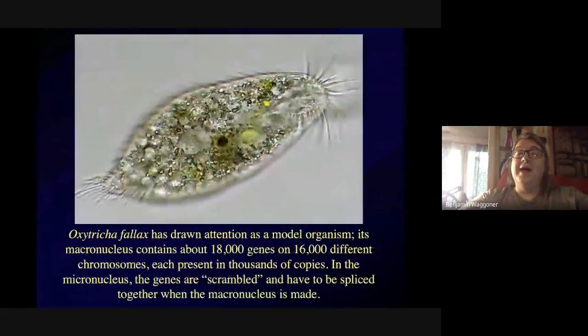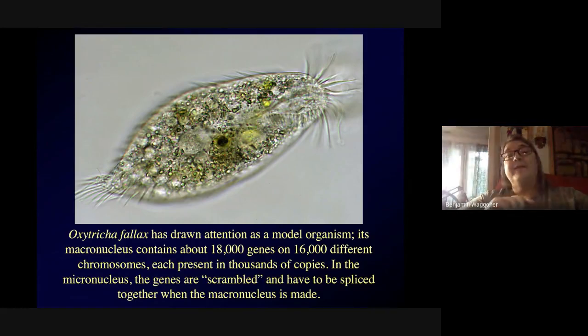And this little guy, Oxytricha trifallax, is actually being looked at very intently in cell biology right now, because in the micronucleus, the genes are actually scrambled. They're not continuous DNA sequences, one after the other. And when the micronucleus divides to make the macronucleus, the genes have to be spliced together to make a functioning macronucleus.